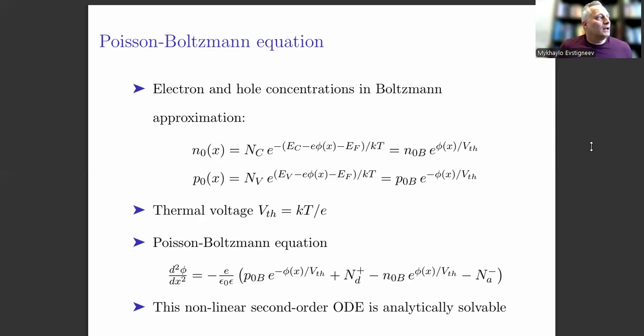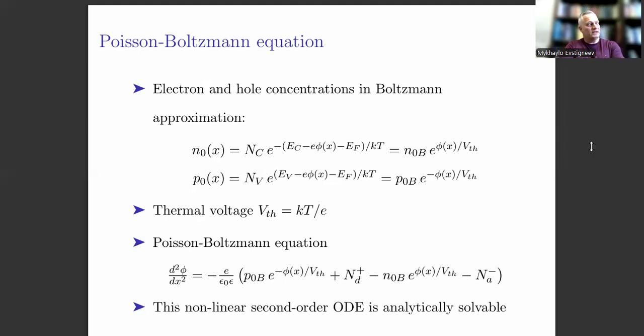If the local value of the electrostatic potential phi of x is different from 0, the energy of the electron is reduced by the product of the elementary charge times the value of the electrostatic potential.